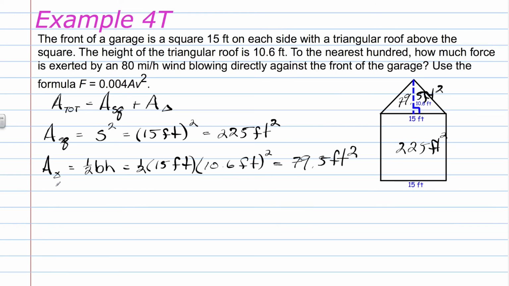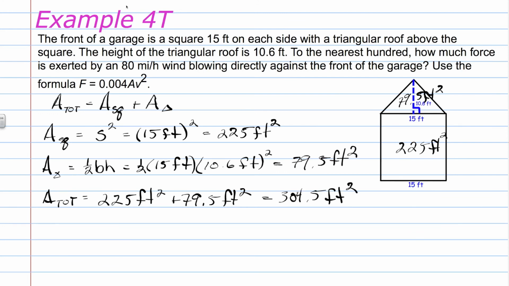So then we add those two together to get the area total. And that would be 225 feet squared plus 79.5 feet squared. And when we add those together, that gives us 304.5 square feet. Now we can use the formula that we're given to calculate the force.